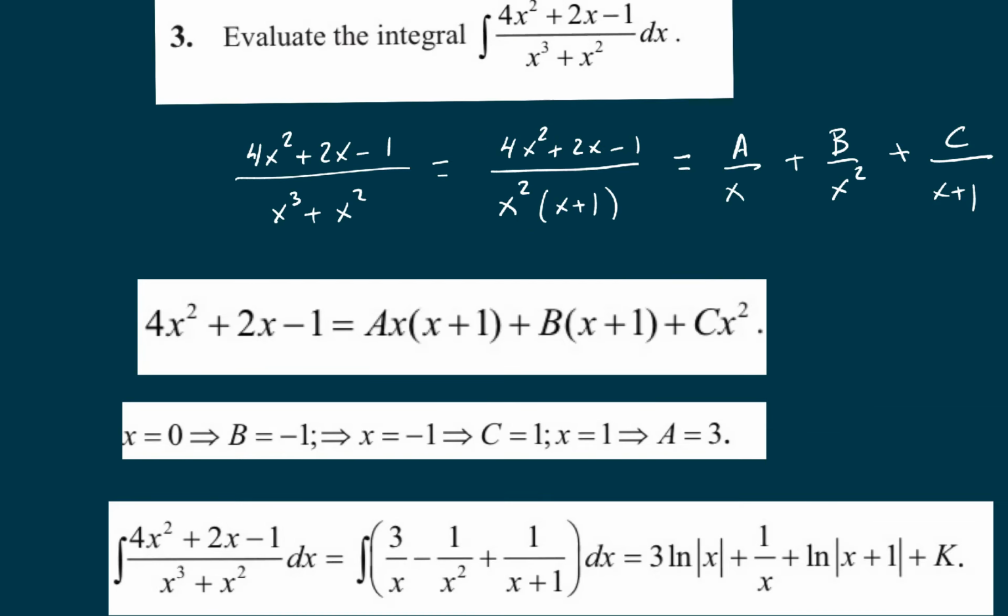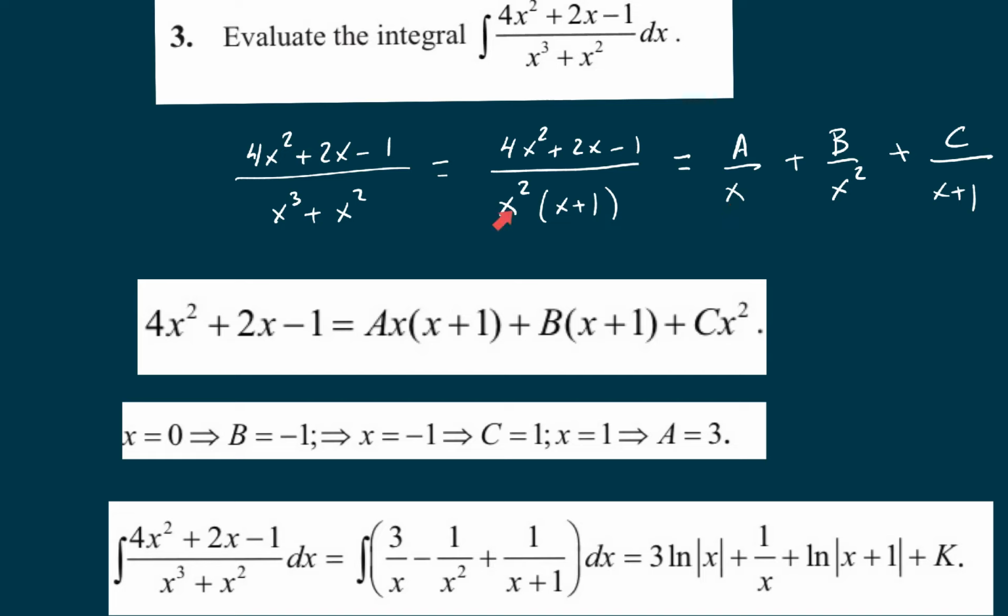The next question says evaluate the integral of 4x squared plus 2x minus 1 divided by x cubed plus x squared. Now x cubed plus x squared I can factor as x squared multiplied by x plus 1. So now the partial fraction that we will use is A divided by x.